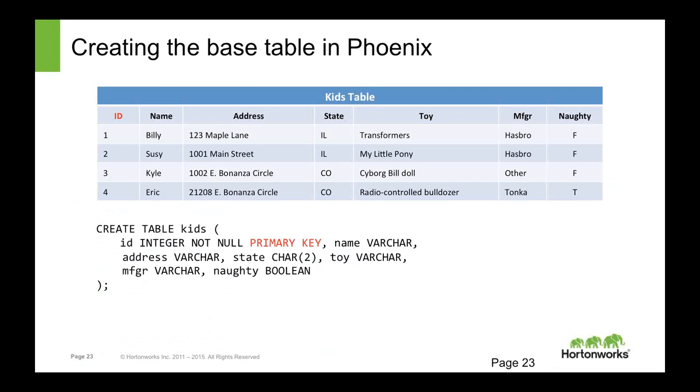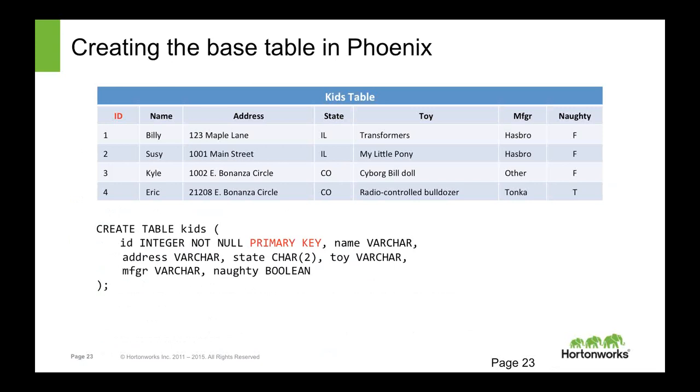When HBase stores that data, that column is only stored for Susie. That's called sparse storage, so it makes it really efficient. Your columns aren't defined by your table. You can have any number of columns. You could have hundreds of columns in there, and if a certain column doesn't apply to another row, then it isn't stored. It doesn't take up space.